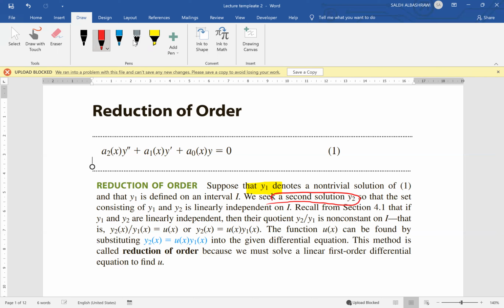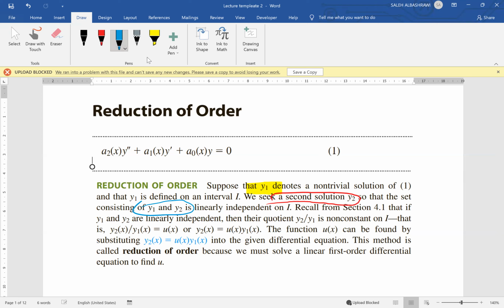This is the idea for the reduction of order. A second order differential equation must have two solutions, y1 and y2. We will be given one of the solutions, which is y1, and we need to find the second solution, y2, so that the set consists of y1 and y2.